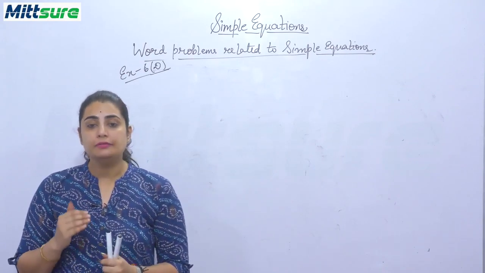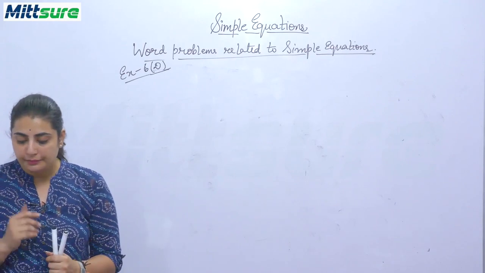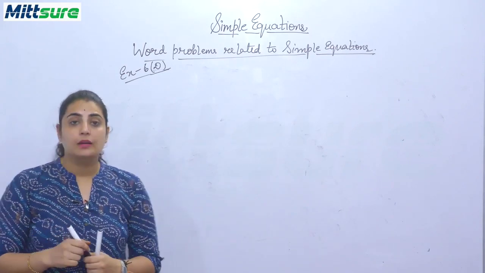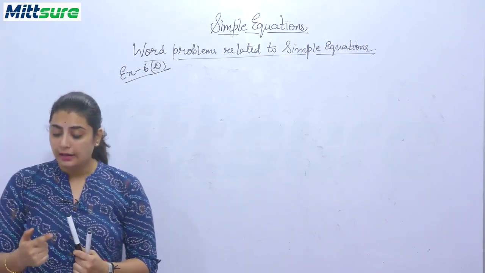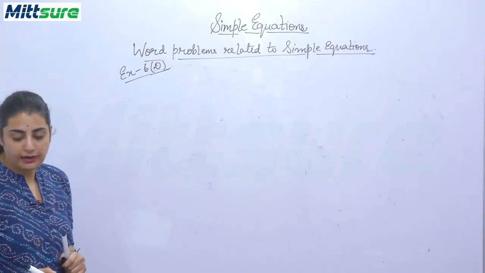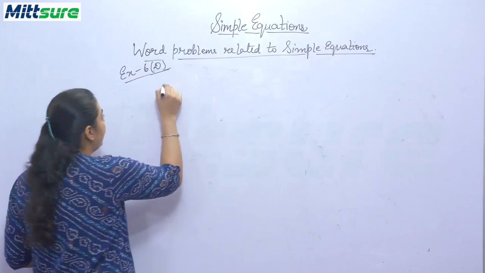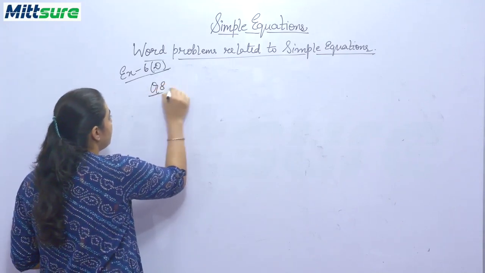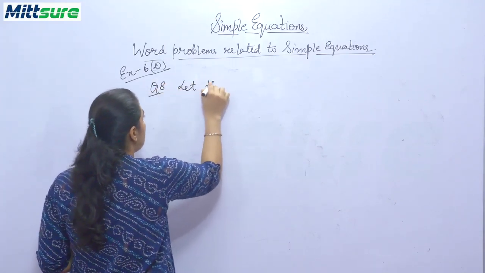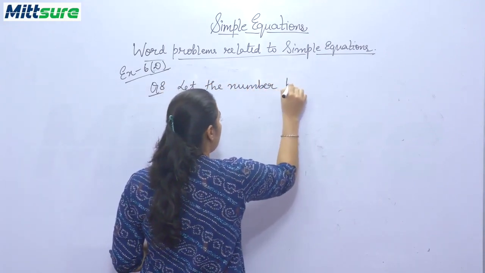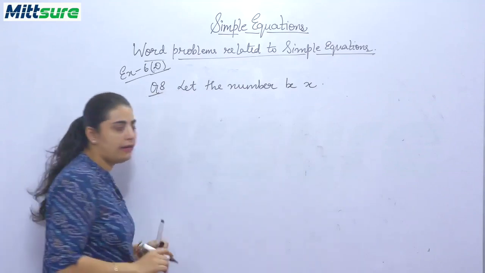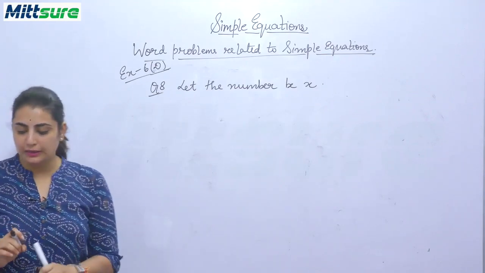Right? Now we will today begin with question number 8. Find a number which when multiplied by 5 is increased by 80. So I have to find that number. Question number 8: let the number be x. I have supposed the number to be x.